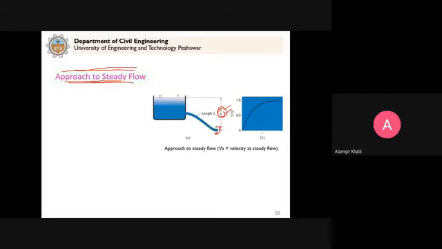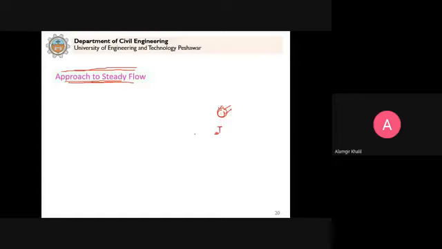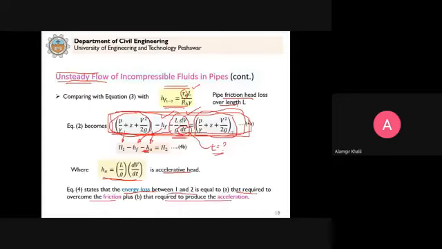The flow will accelerate when you open this valve, but that will decrease with time. Why? Because we have friction losses. Earlier we stated that this energy is lost as the fluid moves from one point to another, and the energy loss occurs in two fashions.